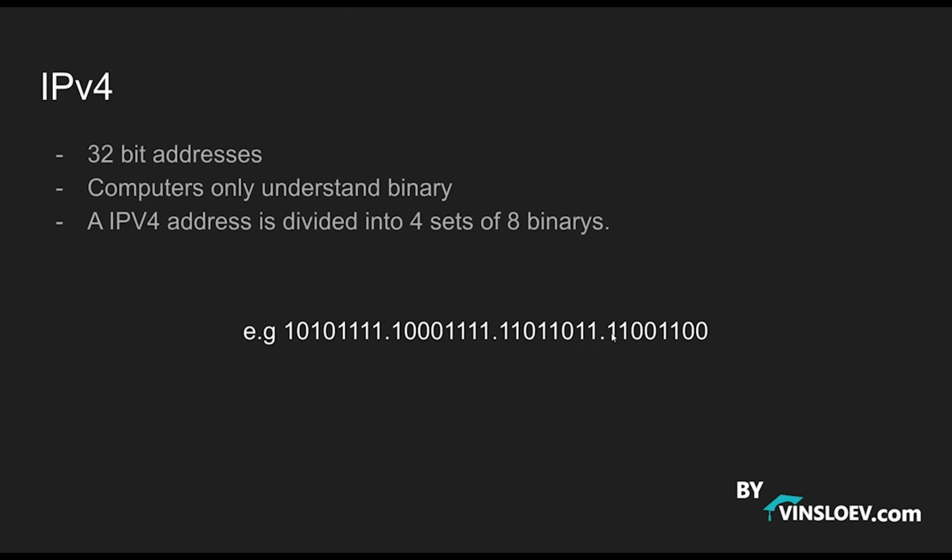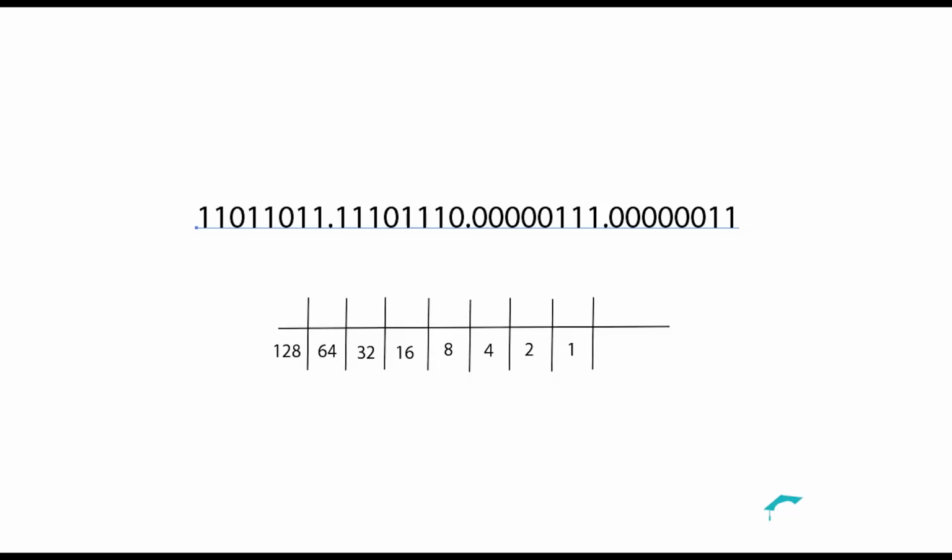So let's have a look at how this is translated from clear binaries into the 4 sets we saw before. So now we have our binary address right here with 4 sets of 8 binaries. Then we're using this little template to translate it into the numbers that we saw in our address, which is the ones we are seeing when talking about IPv4. So we just take these binaries, add them into this right here.